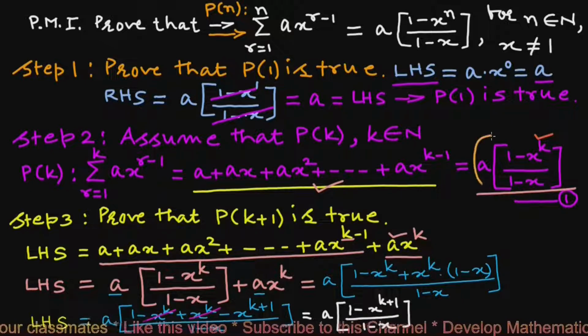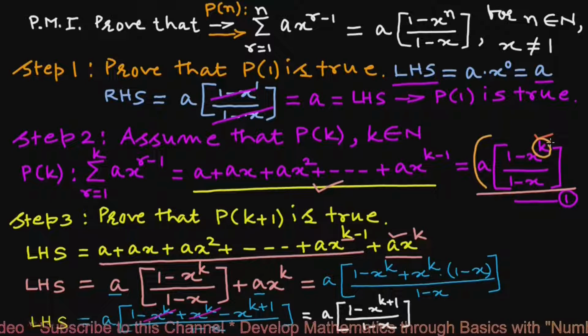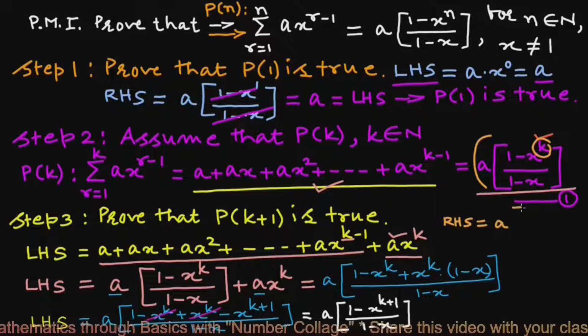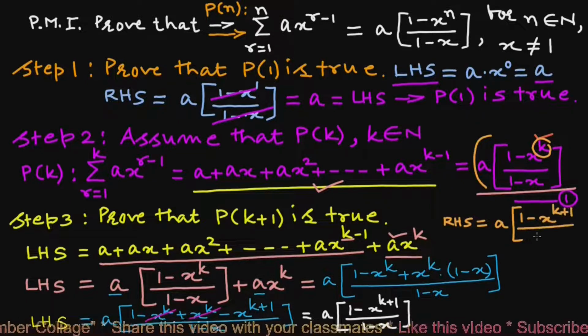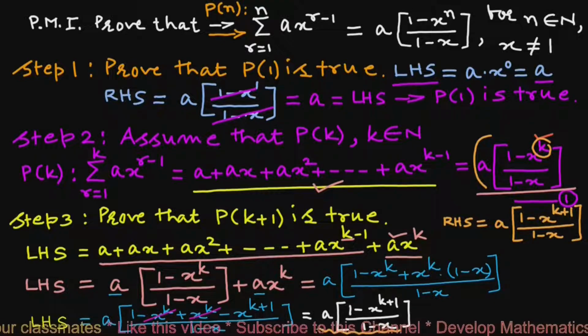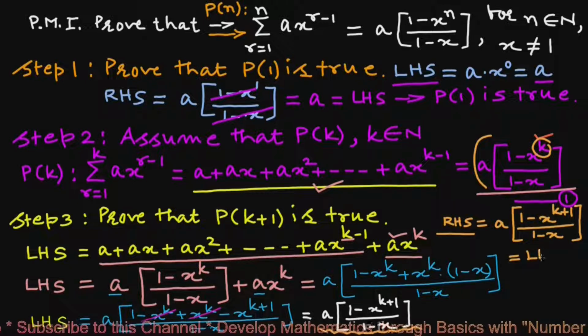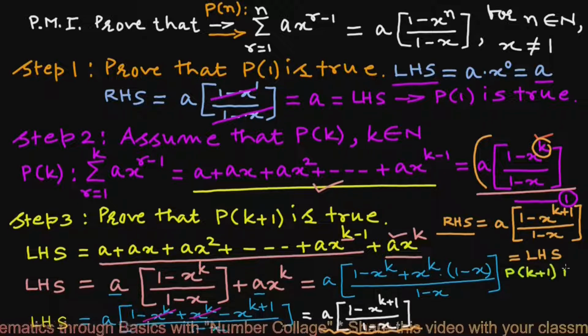Now in this RHS, if we put k plus 1 in place of this k, we will get RHS equals a multiplied by 1 minus x raised to k plus 1 upon 1 minus x, which is same as this left hand side. Therefore this RHS will be equal to LHS, and that proves P k plus 1 is true.